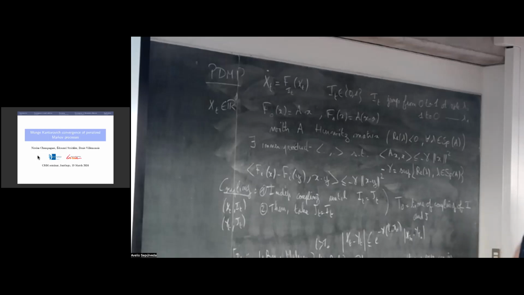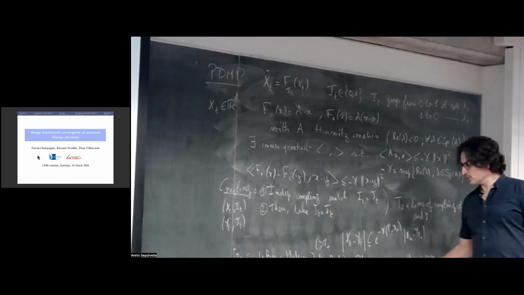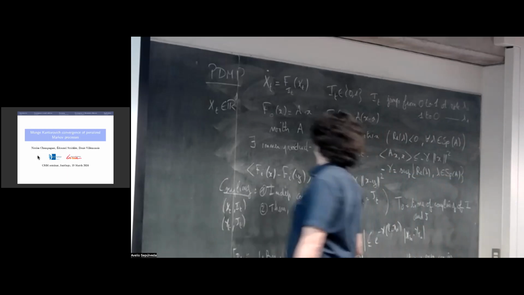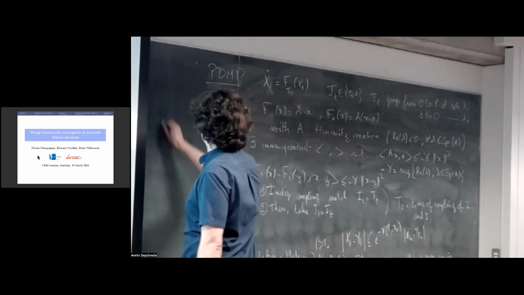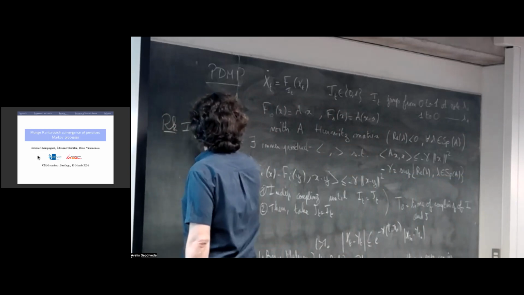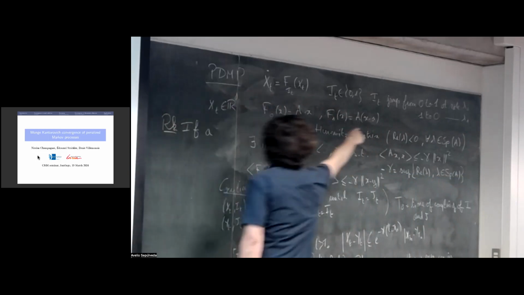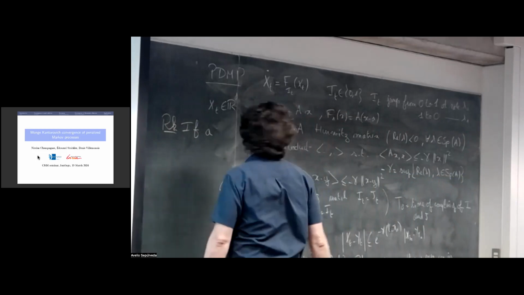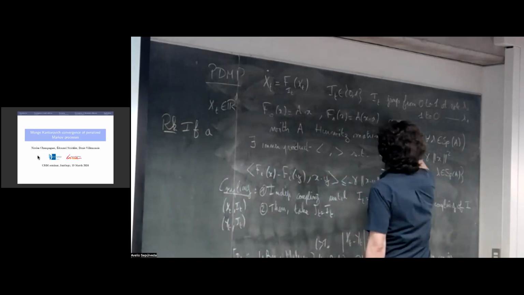And in addition, a small remark. Well, let me write it just here. It's not long. If a, so the vector a that I chose here, so a here is a vector in R^d.